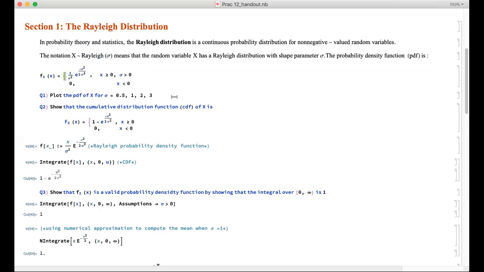The first question I've asked is to plot the PDF of x for given values. Using last week's code, can you do this? Mathematica has an inbuilt function for Rayleigh distribution. You can either use the inbuilt function or you can use the PDF expression.